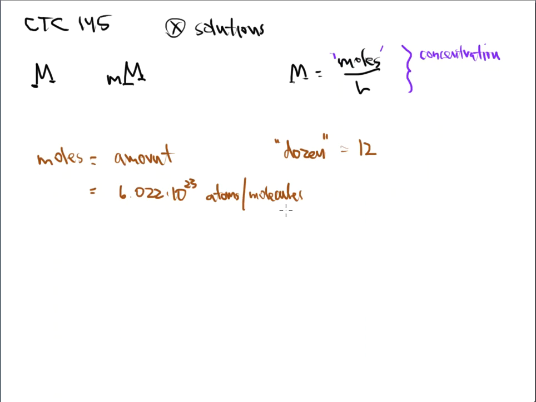Molecules are typically compounds, like molecules of water, H2O, or molecules of salt, sodium chloride. Most of the time in a lab, we're going to be working with molecules, but this also goes for atoms as well, and I never want you to forget that. That's always very important. So 1 mole is equal to 6.022 times 10 to the 23rd molecules.